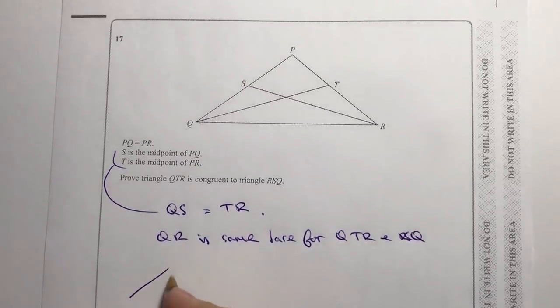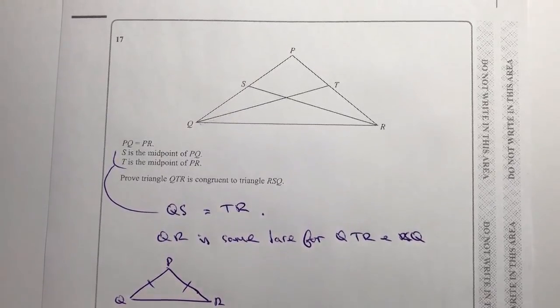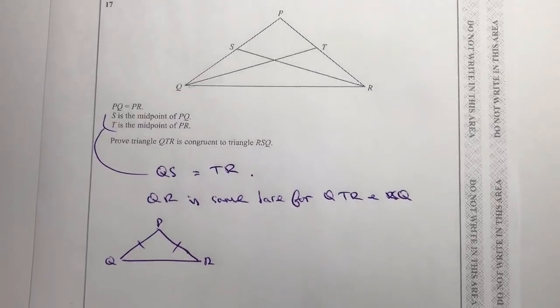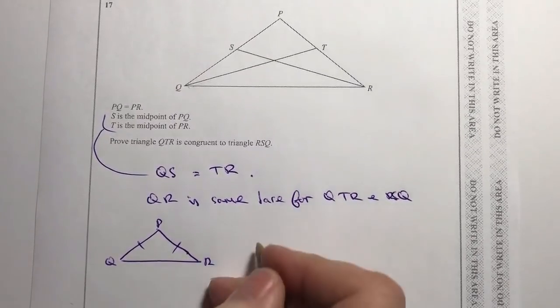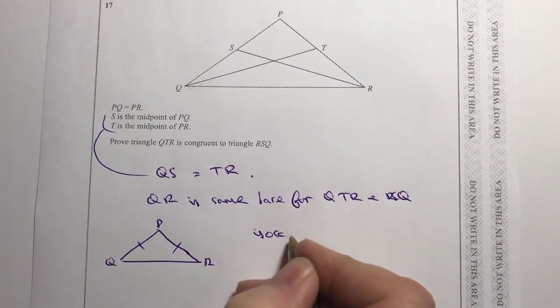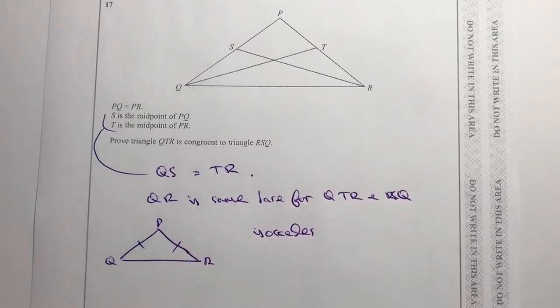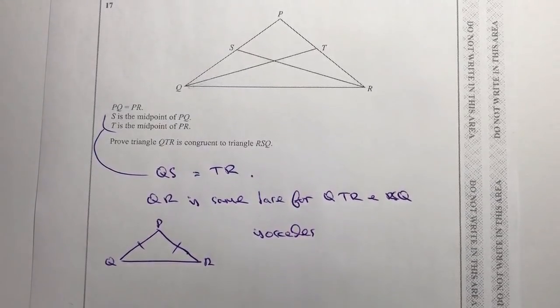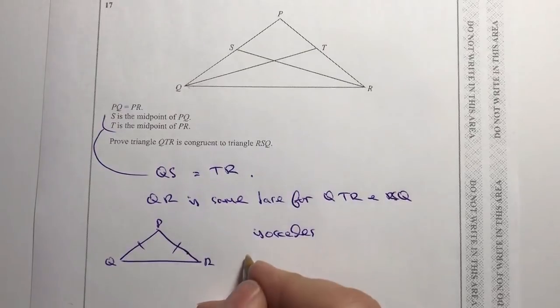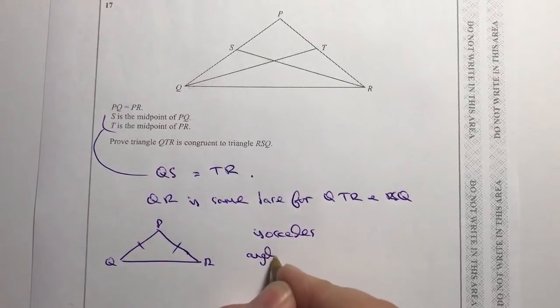Okay, so effectively what we've got is something like this, where what we're saying is if this is Q and P and R and this is the same and this is the same, then actually we've got an isosceles triangle. Now if it's an isosceles triangle, not only are the two sides the same, but also the two angles are the same.